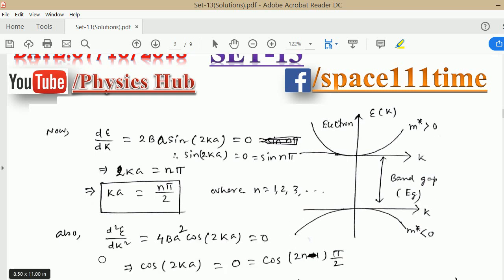Now another condition, d²E/dk² equals 0. Taking the derivative again with respect to k, we get this, and from here we can see cos 2ka equals 0. So we are writing it as cos of (2n−1)π/2.